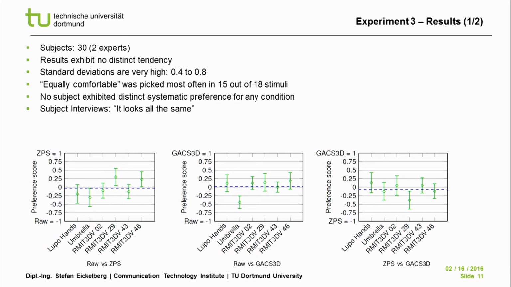Equally comfortable was picked most often in almost all stimuli, and in interviews conducted directly after the test, most subjects hinted that it would look all the same, although all of them affirmed a strong visual discomfort for anchor sequences shown before the test. So we conclude that visual discomfort is not induced by any condition for short stimuli.